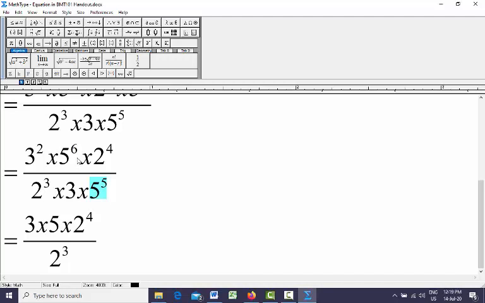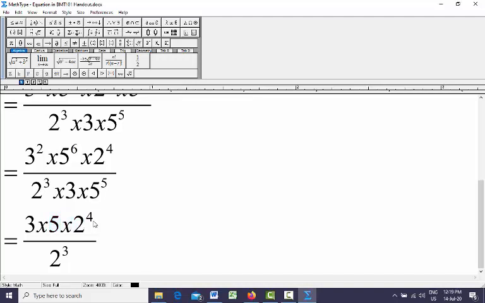So if you apply the process of cancellation, we will have only 5 power 1 there. As I said before, power 1 you don't need to write.